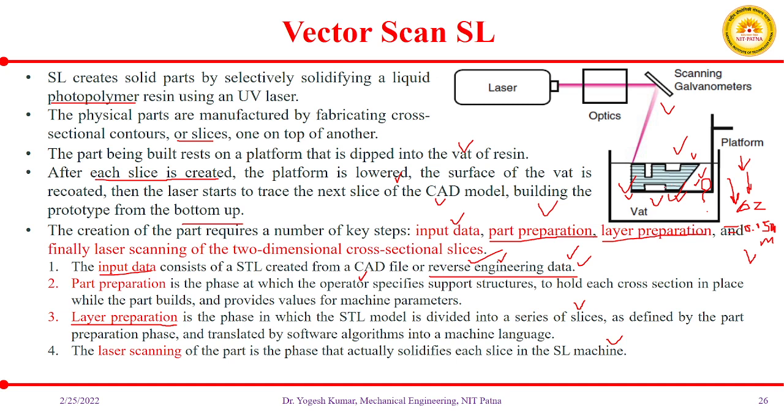You can visualize the features in 2D of your CAD model in each slice. So corresponding to that, you need to plan the path of your UV laser, and you have to move your laser across the 2D cross section of your slice data.